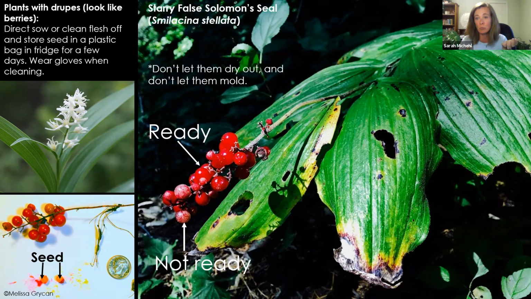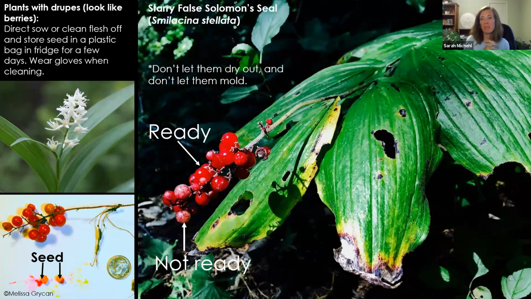That's what makes it a drupe, as opposed to a berry. I mean, think about a strawberry, right? It's got a fleshy structure and then a bunch of seeds on the external or outside portion. So that's a true berry versus these, which are drupes. Whatever, that doesn't matter for collecting purposes.